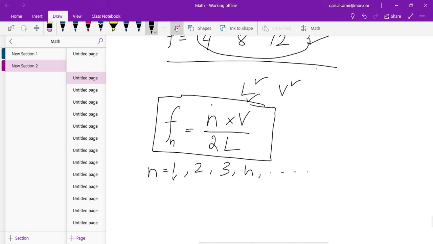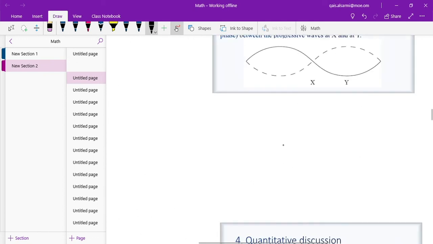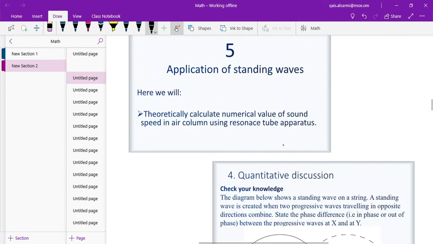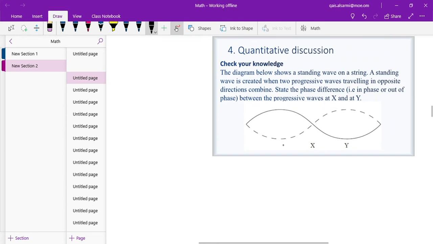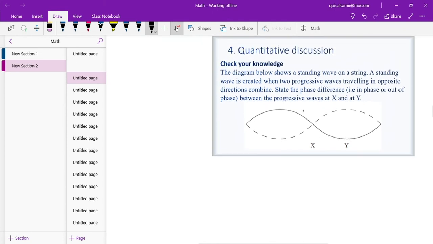Okay, now students, we are going to use this equation in some problems. I have a few problems here. Before discussing a quantitative problem, you can go through this conceptual question.